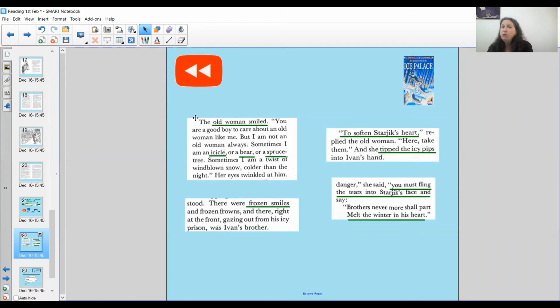The old woman appeared to help the boy. Sometimes she was an icicle, a bear, or a spruce tree. She was even an owl. She told the boy that he needed to soften Starjik's heart.